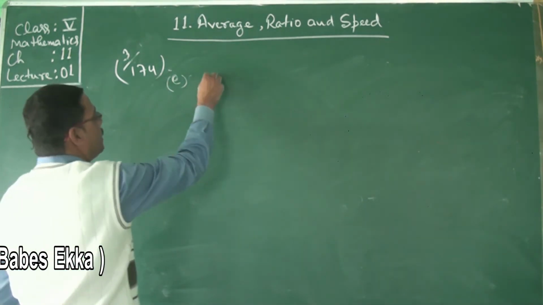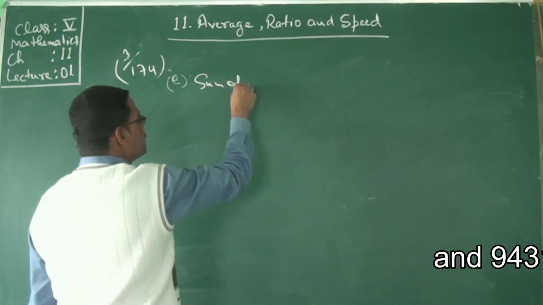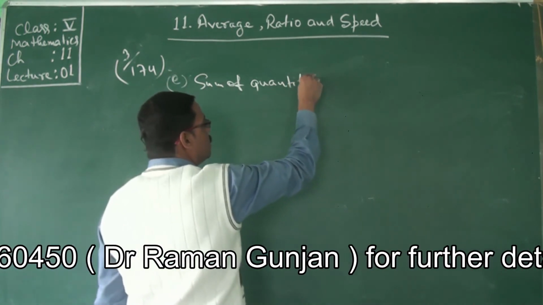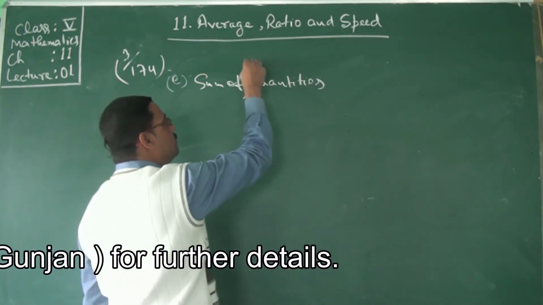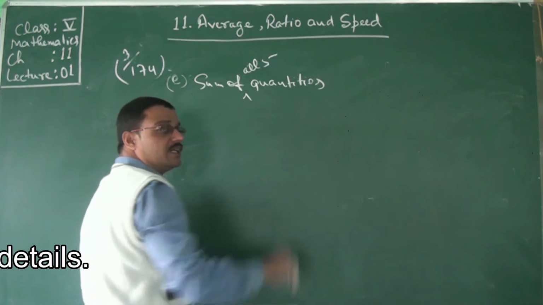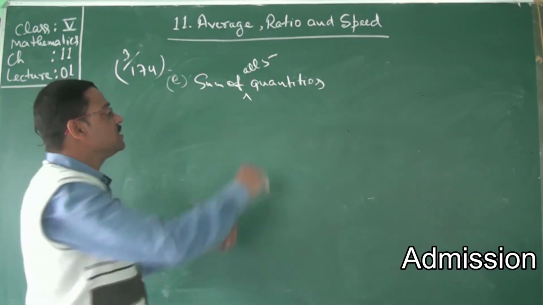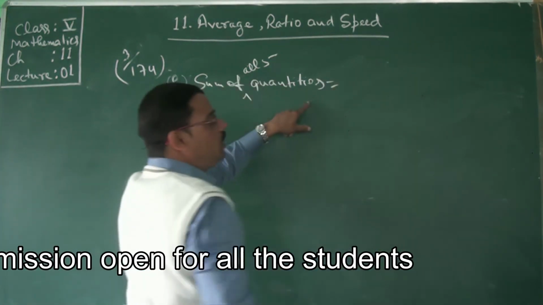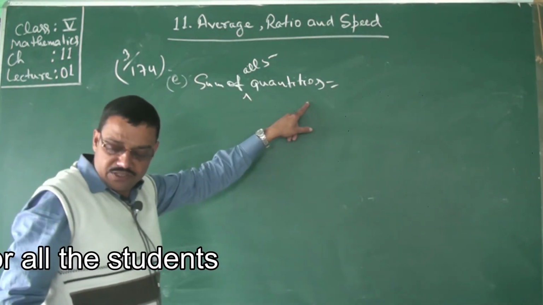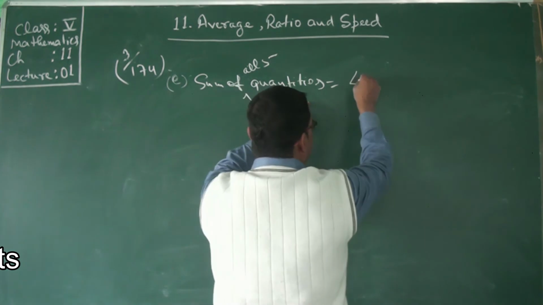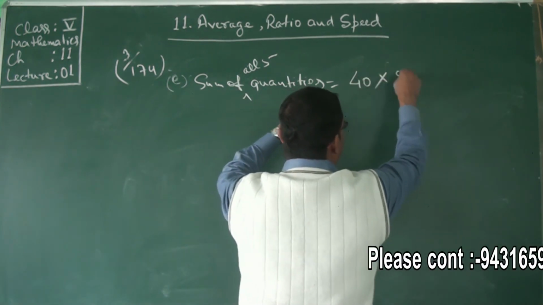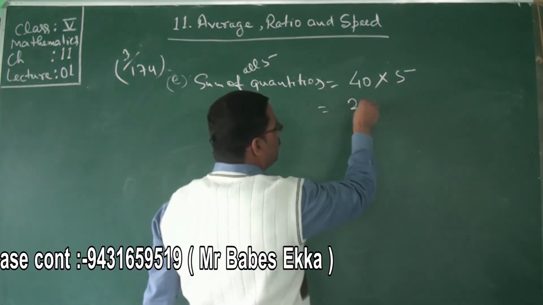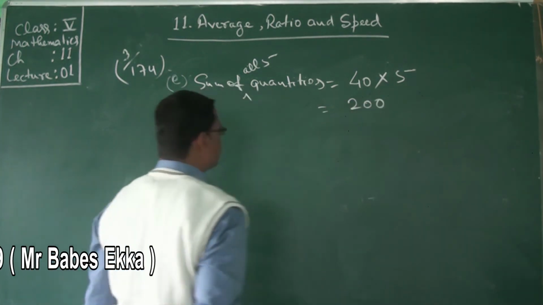So we can find the sum of quantities. Here quantities means all 5 quantities. The average is given as 40 and the number of quantities is 5, so the sum of quantities will be 40 into 5, that is 200.